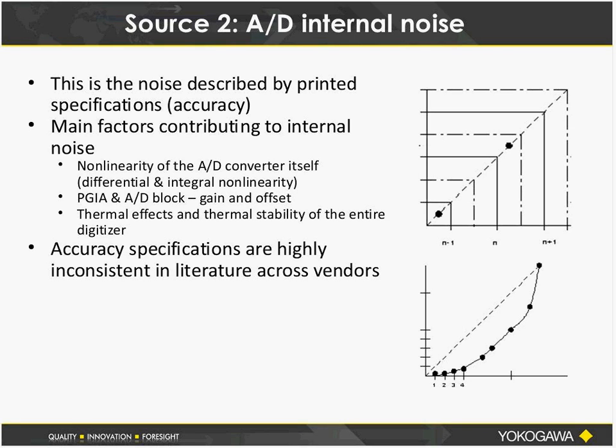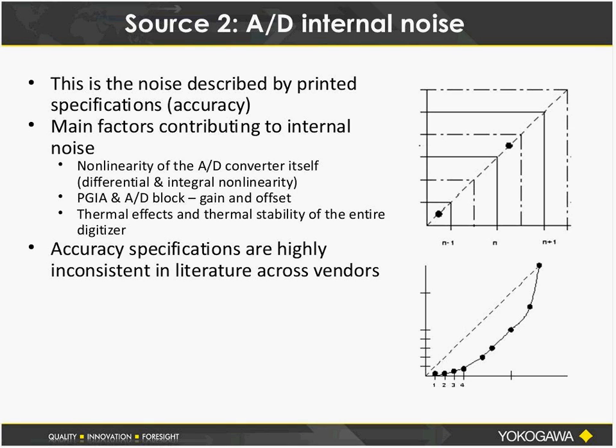And anytime there's an internal amplifier, there may be a gain and/or offset error. And because of the nature of A to Ds, any sort of board level electronics will be influenced by thermal effects.